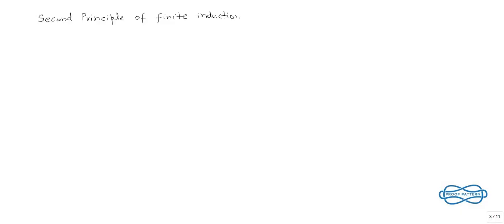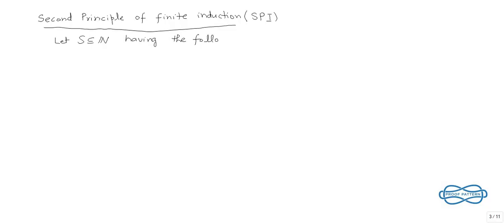The second principle of finite induction can be abbreviated as SPI, and the concept is: let S be any subset of the set of natural numbers N having the following properties.